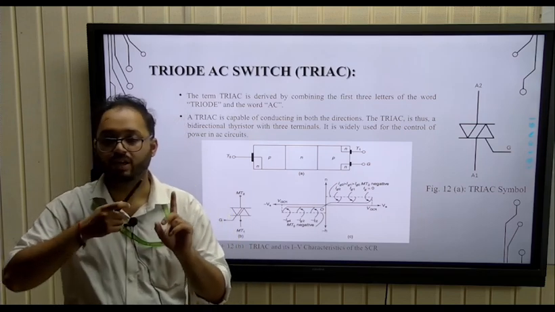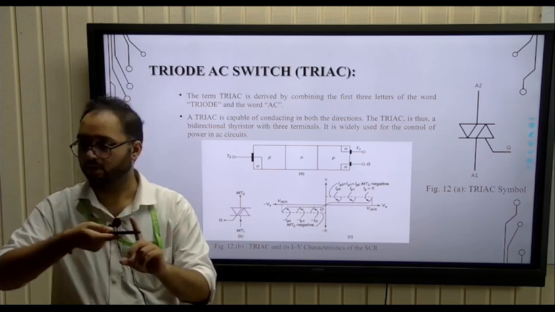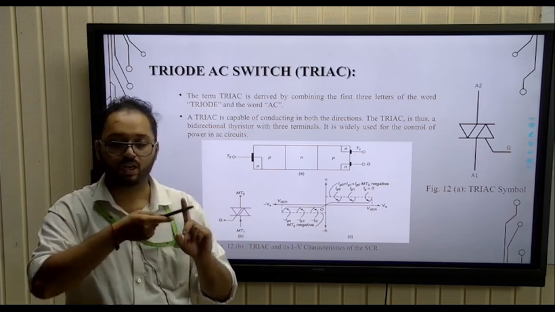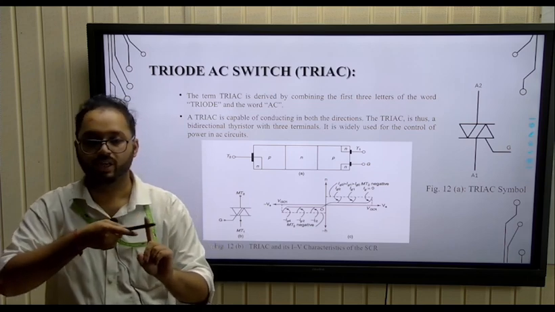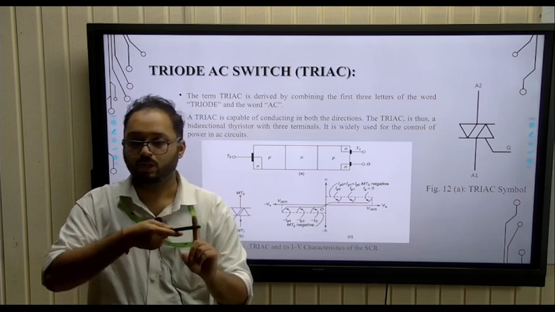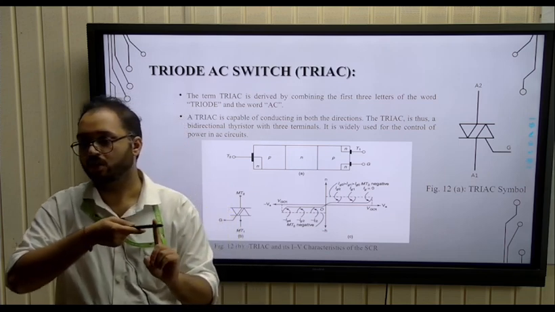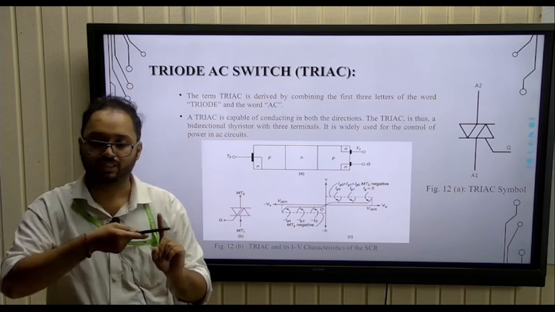For example, if I am giving to a bulb or a motor, both of them require a particular amount of voltage to be at their full rating. If I have given the full rated voltage to a bulb, it will glow at its maximum. If I give the full rated voltage to a motor, it will rotate at its maximum speed.